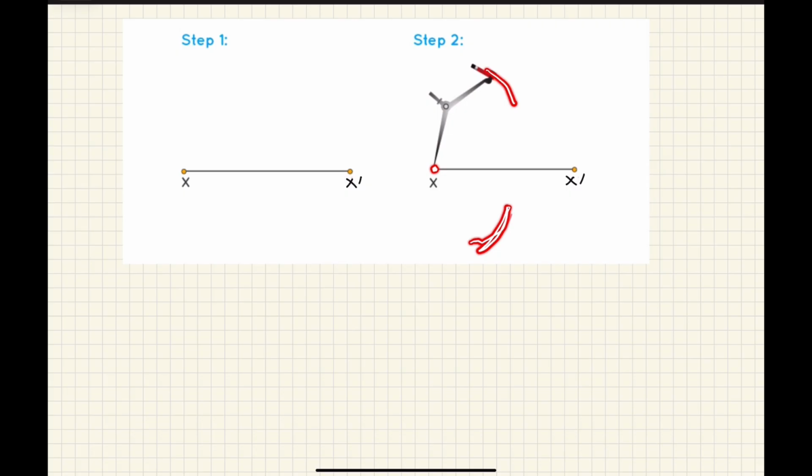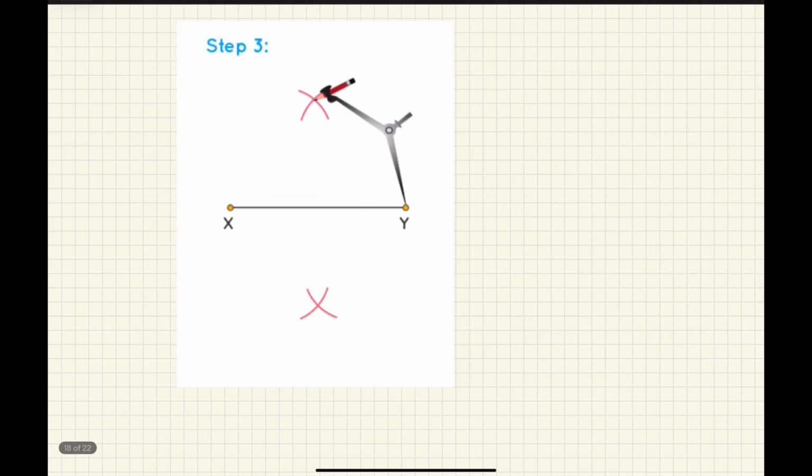You pick up the compass from point X and place it at X prime. Then construct arcs above and below the line from this point. Please make sure that the length of the compass remains the same.